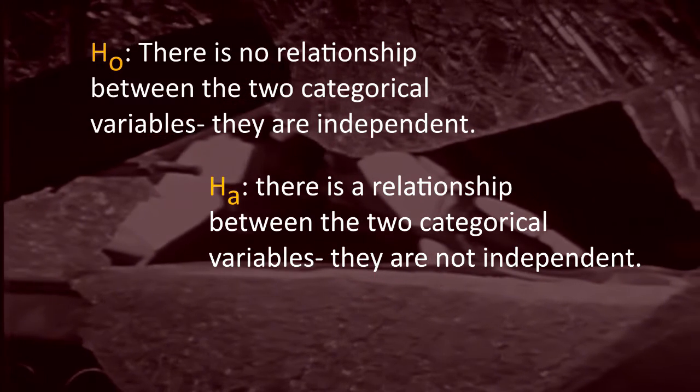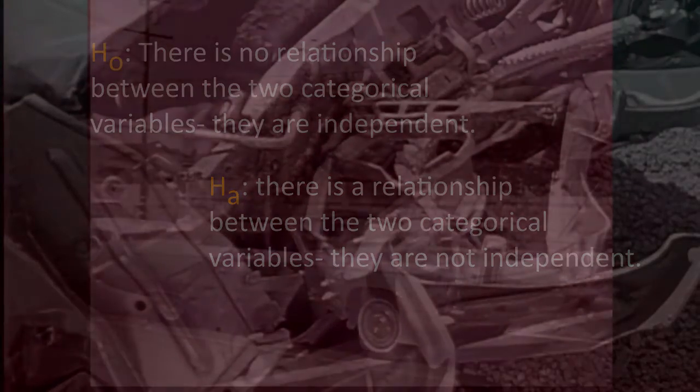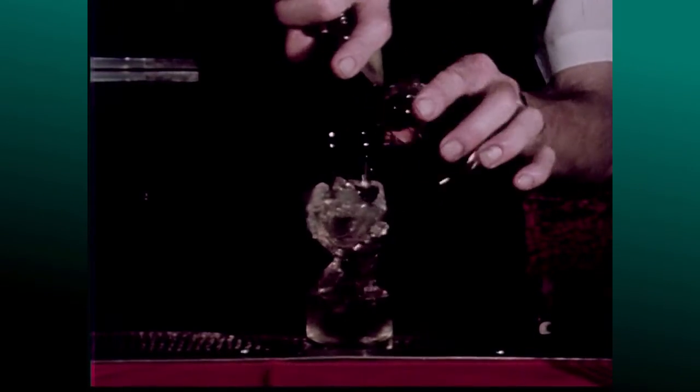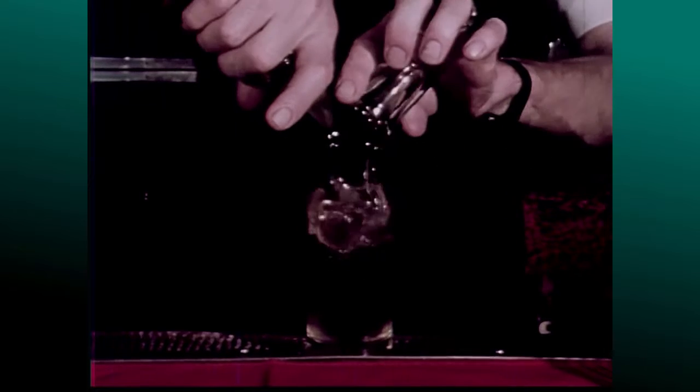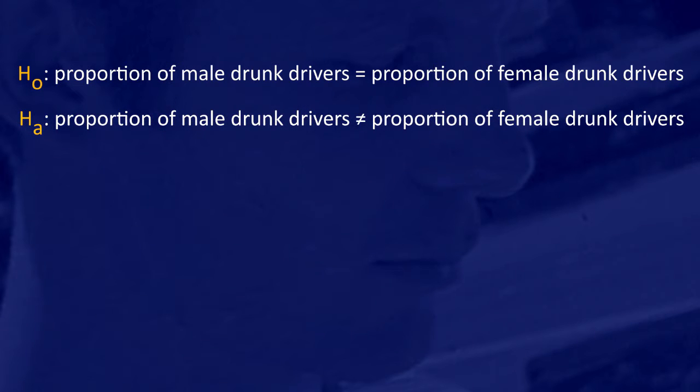Algebraically, independence between gender and driving drunk is equivalent to having equal proportions of who drank or did not drink for males versus females. In fact, the null and alternate hypotheses could be reformulated as the proportion of male drunk drivers is equal to the proportion of female drunk drivers, or the proportion of male drunk drivers is not equal to the proportion of female drunk drivers.